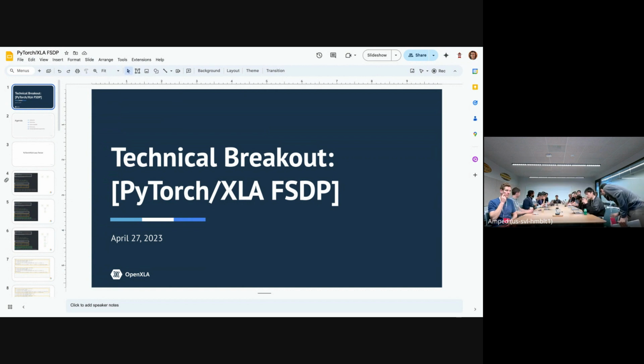So I thought that maybe I'll just connect those two dots and talk about both FSDP as a specific approach that we developed a few months ago in the PyTorch XLA ecosystem, and then tie it with SPMD, which is our latest and greatest addition in terms of the general purpose ability to express any kind of partitioning for your large models, and then make some connections into what are some of the best practices and how to think about performance for these different approaches.